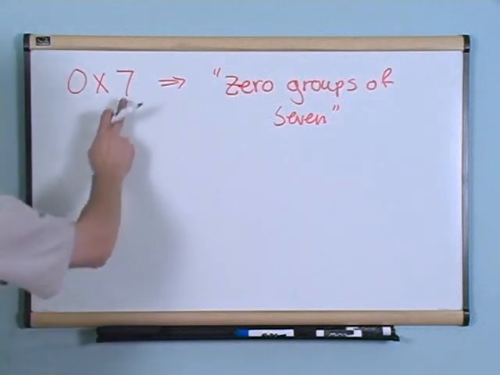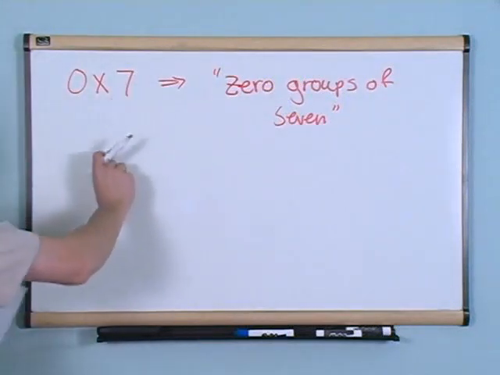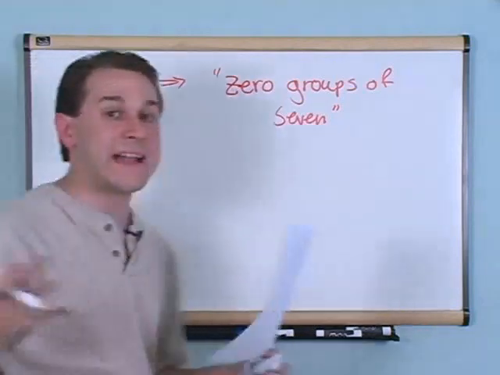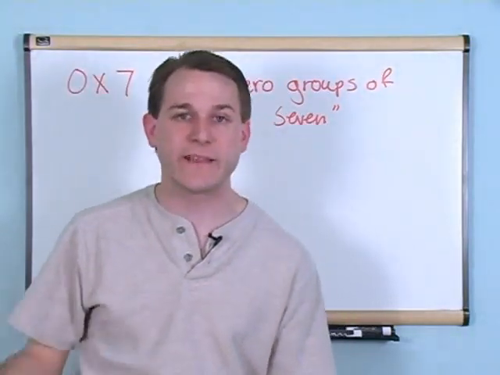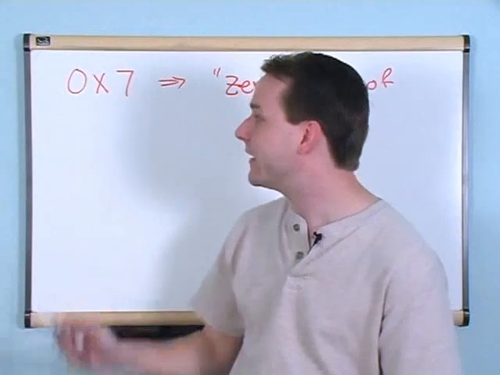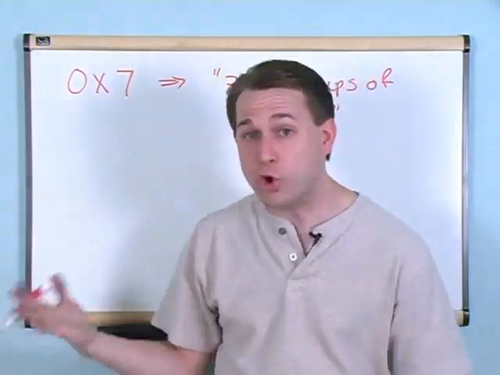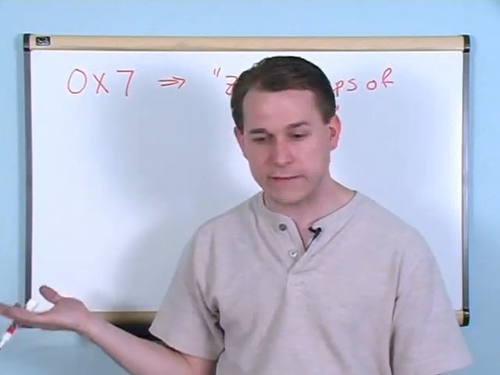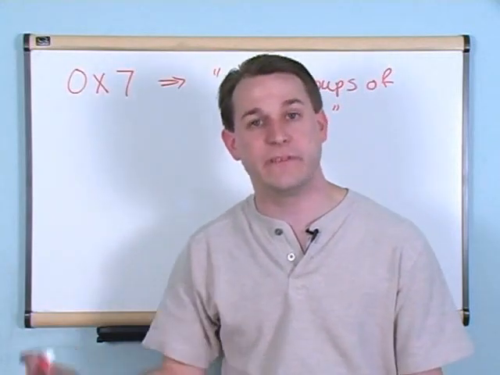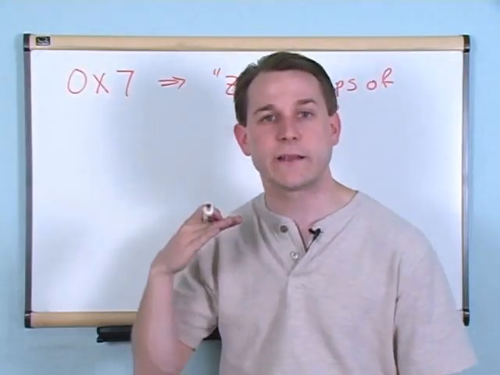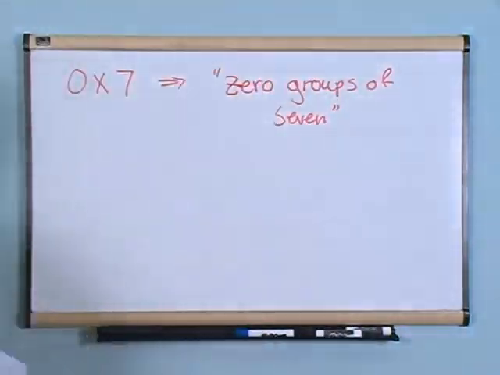In each group, I have 7 things, but I'm multiplying by 0, so that means I don't have any groups. This is telling me I have no groups, none. Nothing in front of me. So anything times 0 is 0, because this 0 cuts it down.